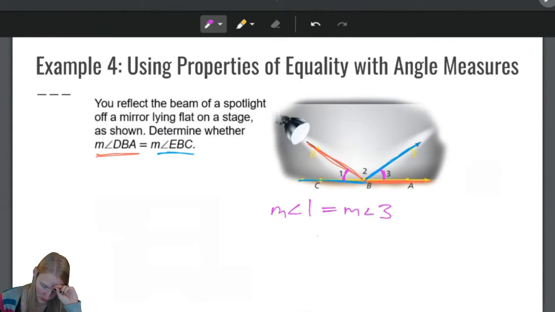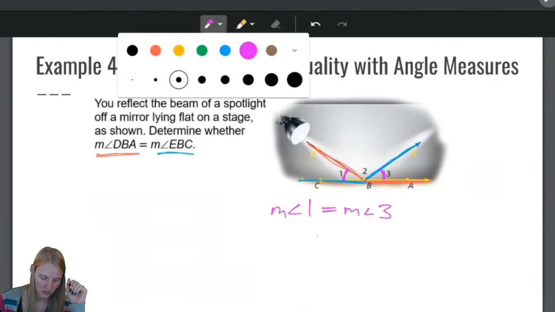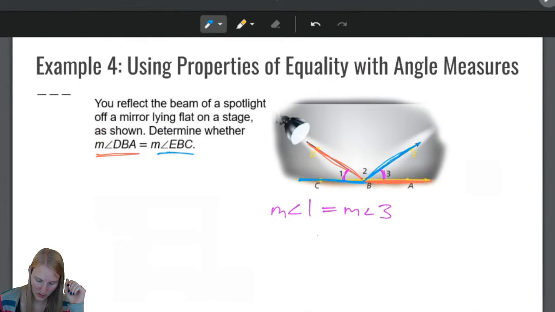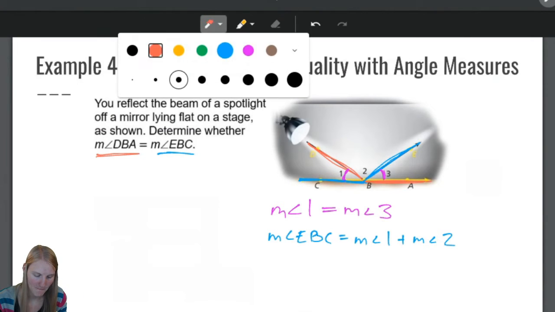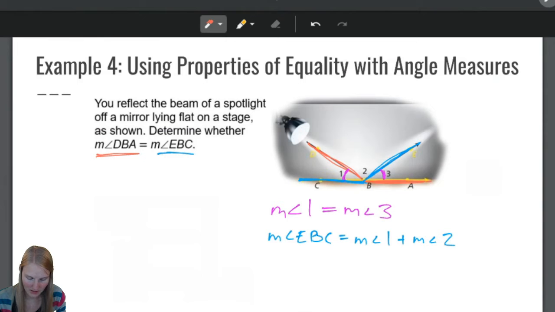And, wait, the blue angle, EBC, is just angle 1 and angle 2 put together. Okay? I'm not sure if this is helping us, but we're just thinking it through. And the red angle, I can see, is 3 and 2 put together.